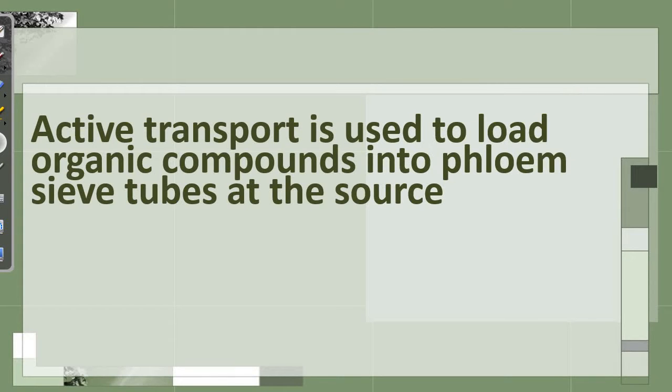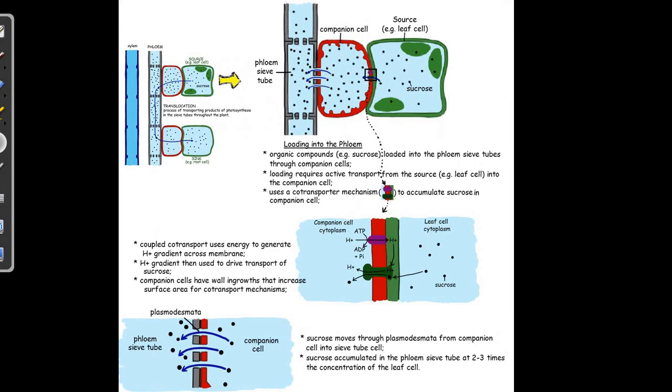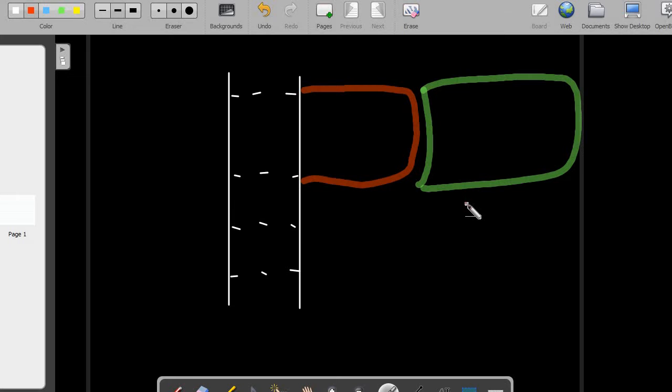So let's start with the first step, which is active loading of sucrose into the phloem sieve tubes. I'll explain through this picture stepwise, just view the presentation. Right over here, we have the leaf cell, which is the mesophyll cell, where the sucrose is produced.